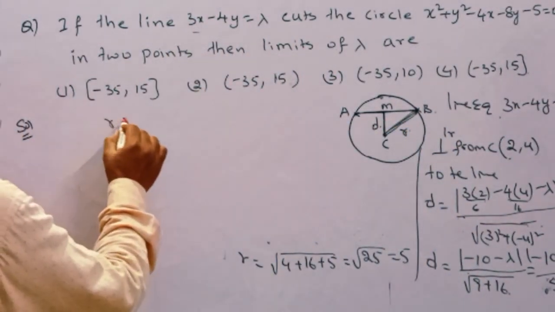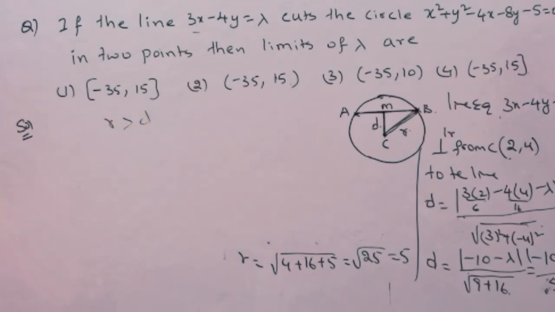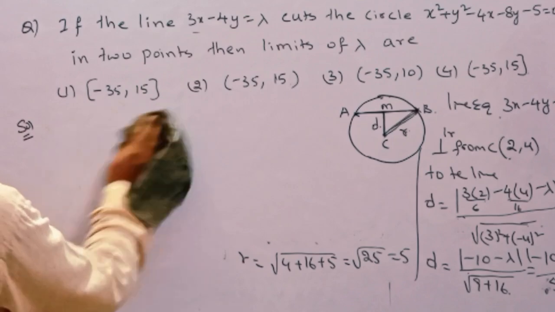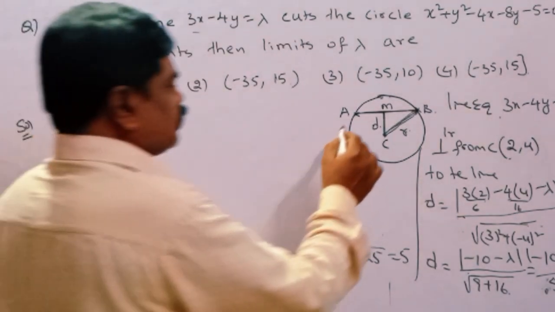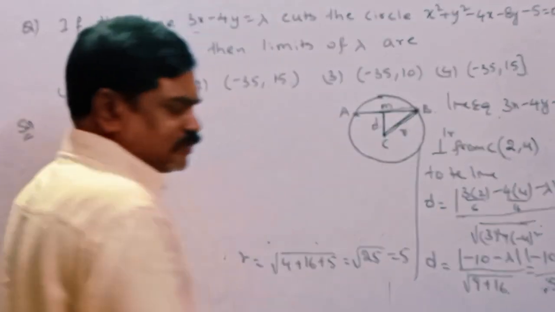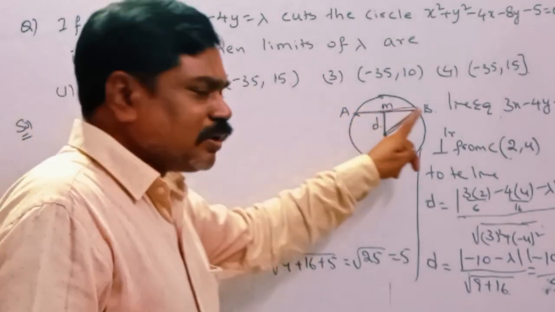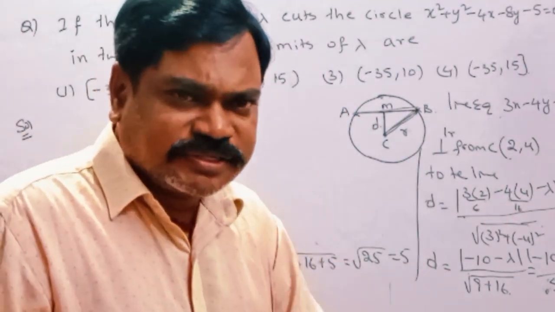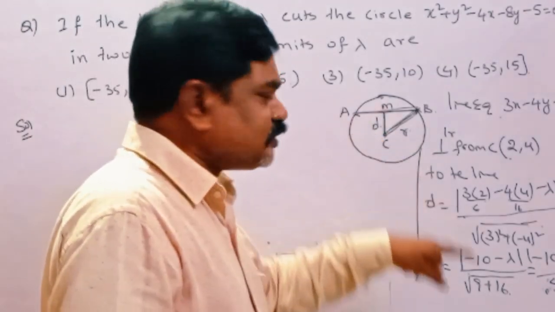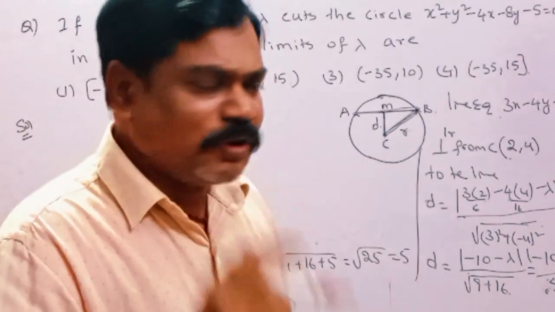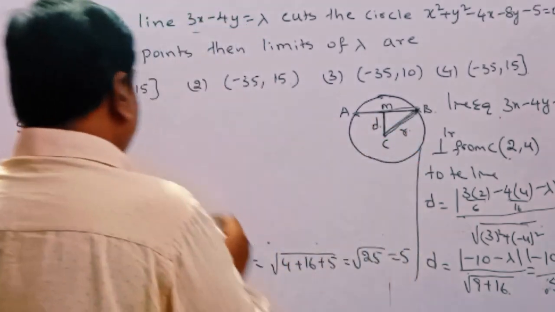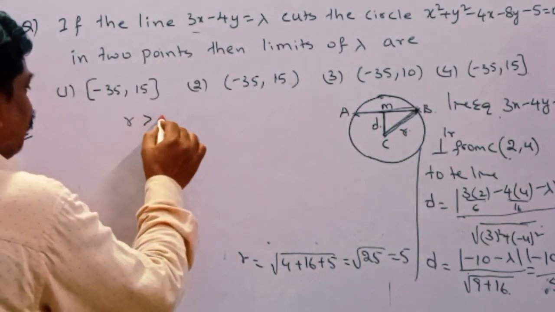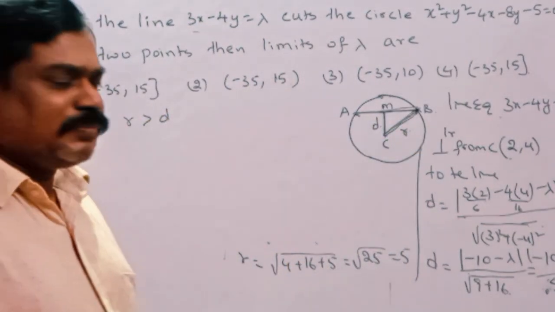R is greater than d is the condition that the line cuts the circle. If this is the chord of the circle, a line cuts the circle in 2 points, then what is the condition? R greater than D. R greater than D is the condition.